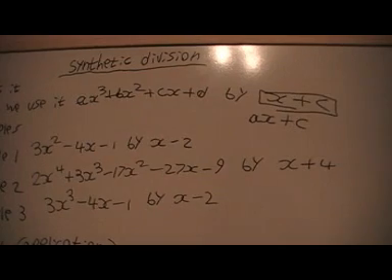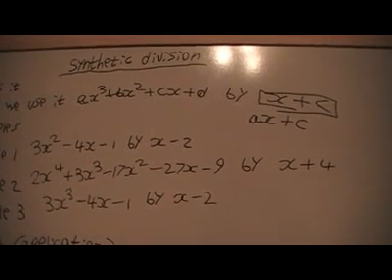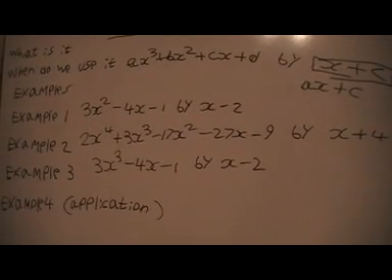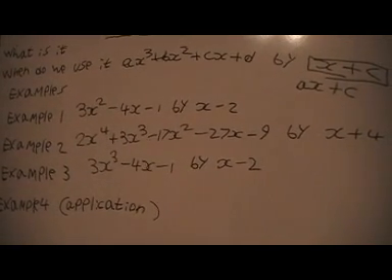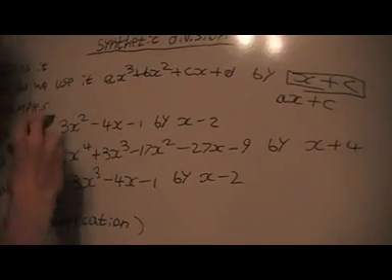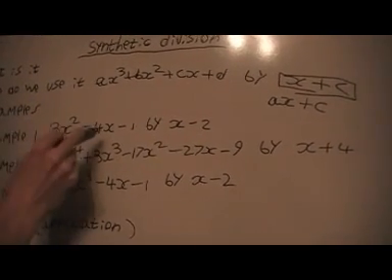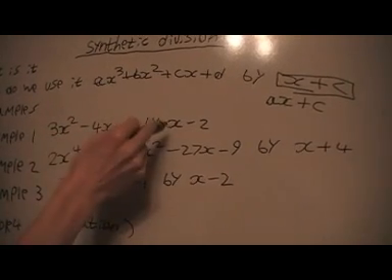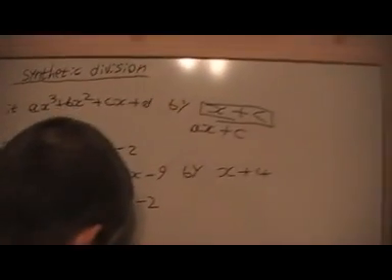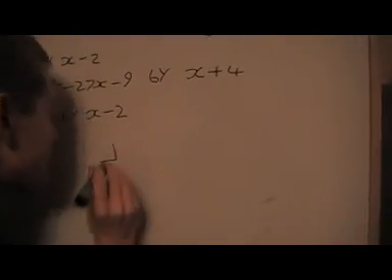Right, so the easiest way to understand synthetic division is to do examples. So let's look at some examples now. Right, so I want to divide this by that using synthetic division. What I do is, it's an algorithm that you just have to remember.